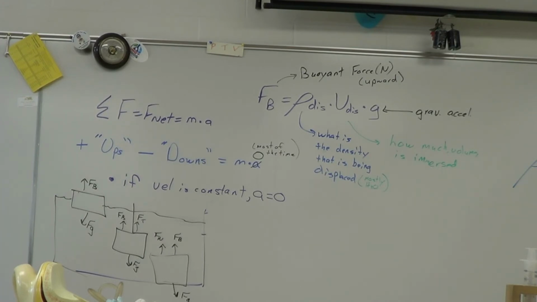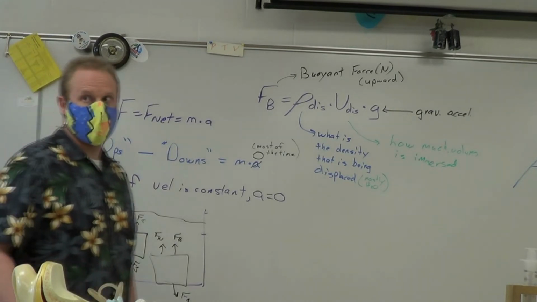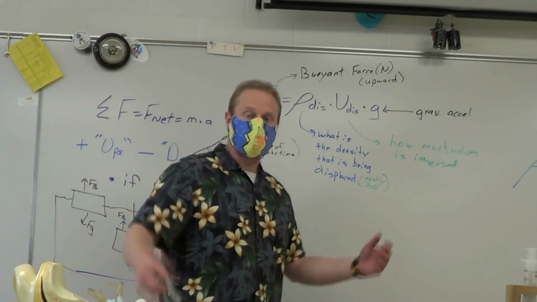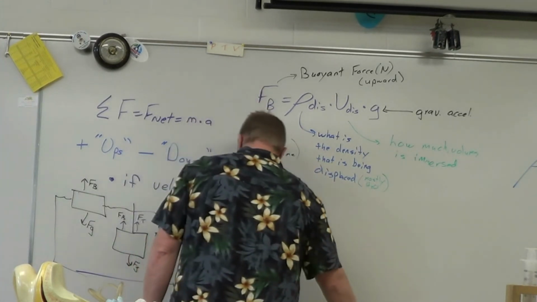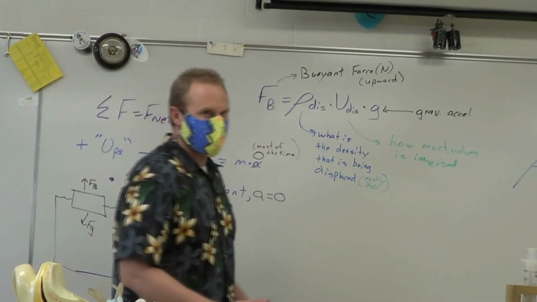I'm terrible at spelling. Immersed. Two M's. Two M's. Thanks, everyone. Appreciate the help. Sorry, YouTube. My class let me down. I don't know. I didn't know how to spell it either.